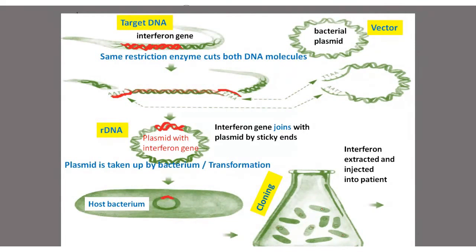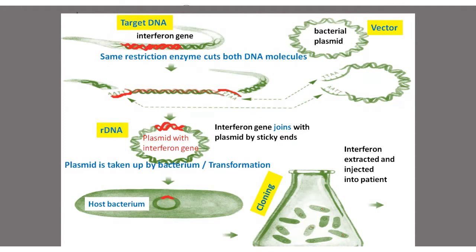So this recombinant DNA now needs to be transferred into a suitable host. Just take care of one fact: if it is interferon, the host will be yeast. If it is insulin, it will be E. coli.